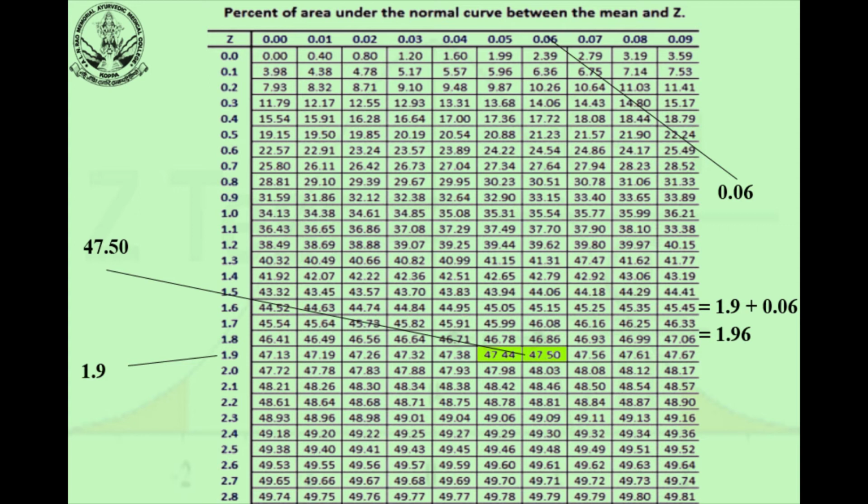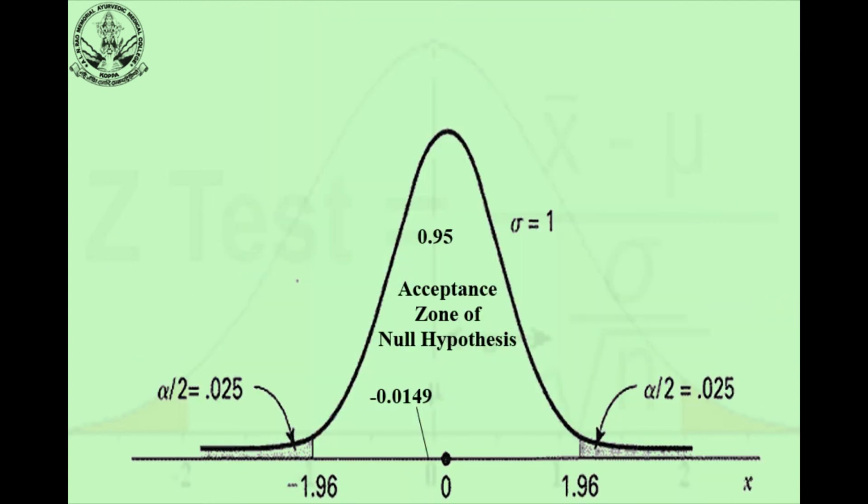This is the region we are taking. The critical value is 1.96, and as alpha by 2 is there, we take both sides. When we take the left-hand side, that's the negative value, and the right-hand side is the positive value. So if the value 0.0149 comes on the left side, it is negative and always less than this value.